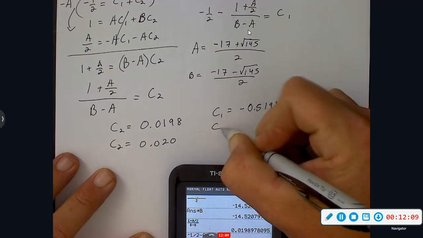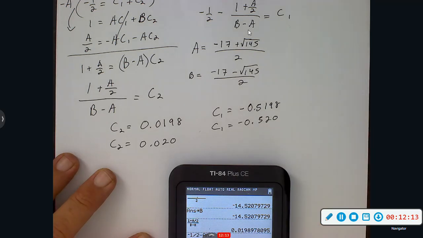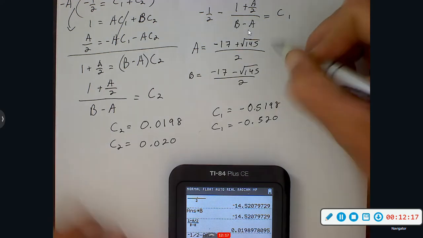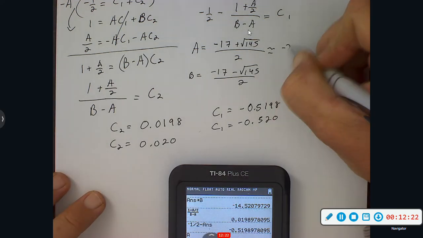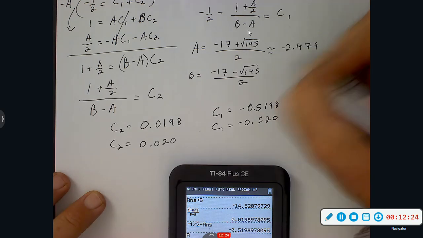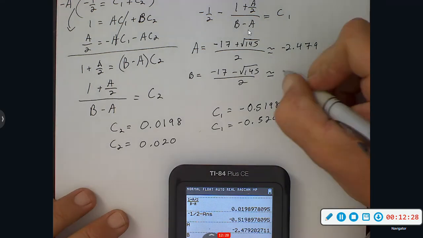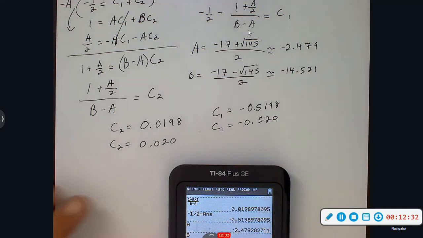Again, rounding it. All right, so we have C1, we have C2. Again, alpha A was approximately negative 2.479. Alpha B was negative 14.521. So we have everything.